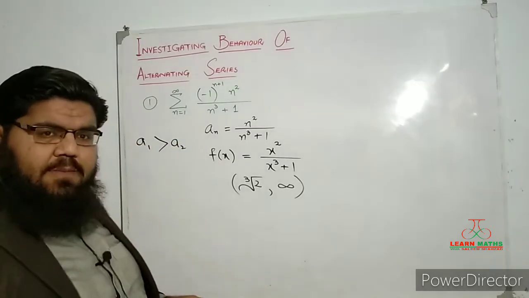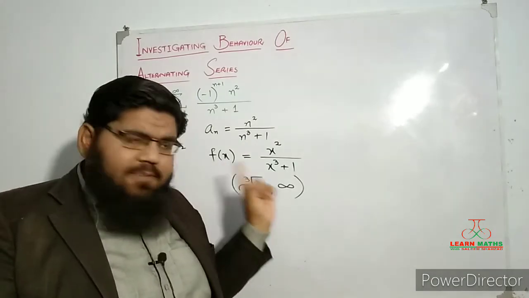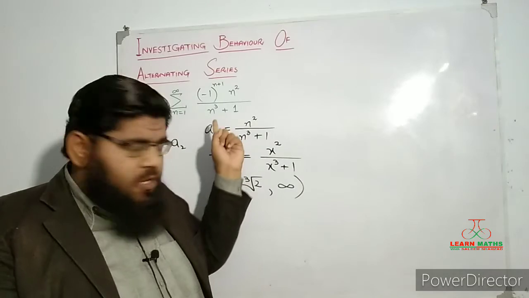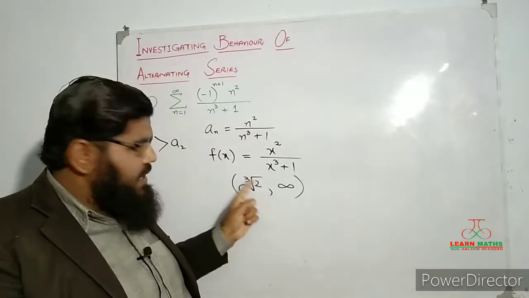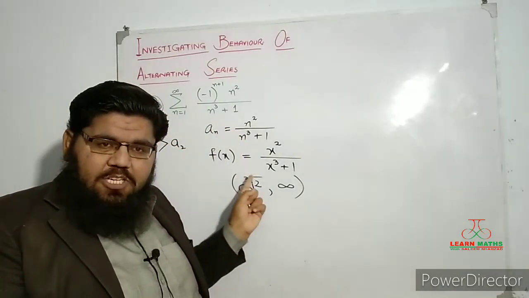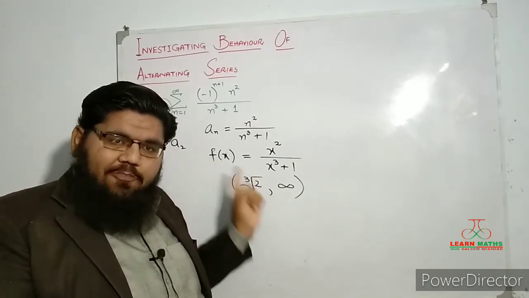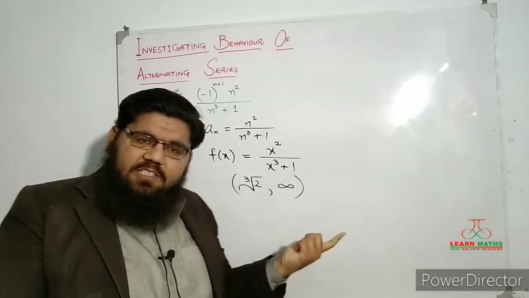But since we are unable to do this for every single term of this series because it contains infinitely many terms, we simply adopt this strategy to check whether the size of terms is decreasing or not.